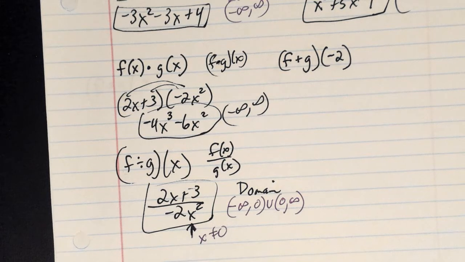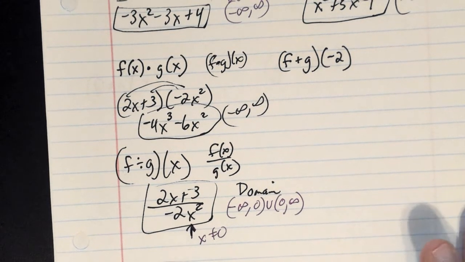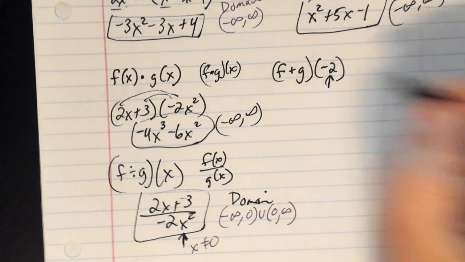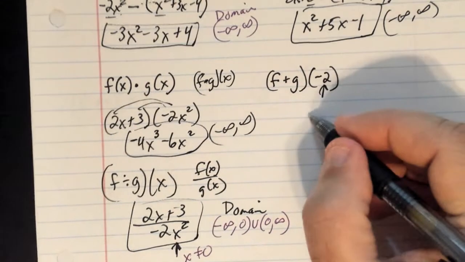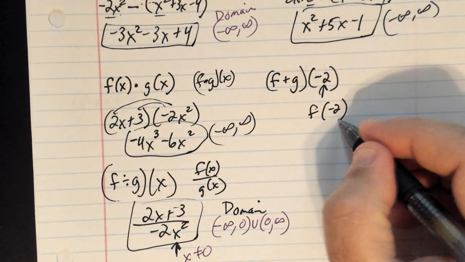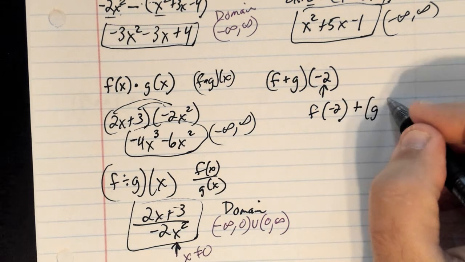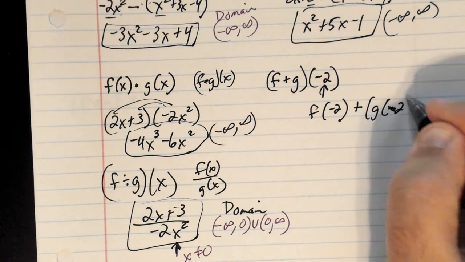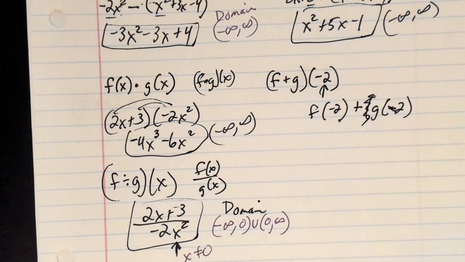Now, what happens if they don't have an x and they have a number? Well, that's going to be simply f of negative 2 plus g of negative 2. How do I find f of negative 2?